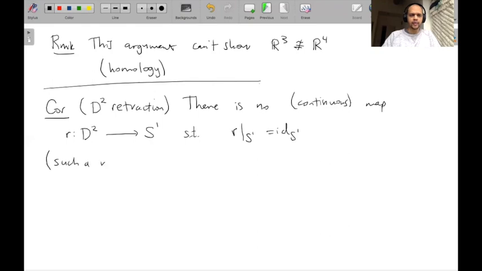Such a map is called a retract. That is, if you have a subset A of X, and there's a map R from X to A which is the identity on A, that's called a retract. And so the corollary is saying there's no such thing for the disk and its boundary circle.